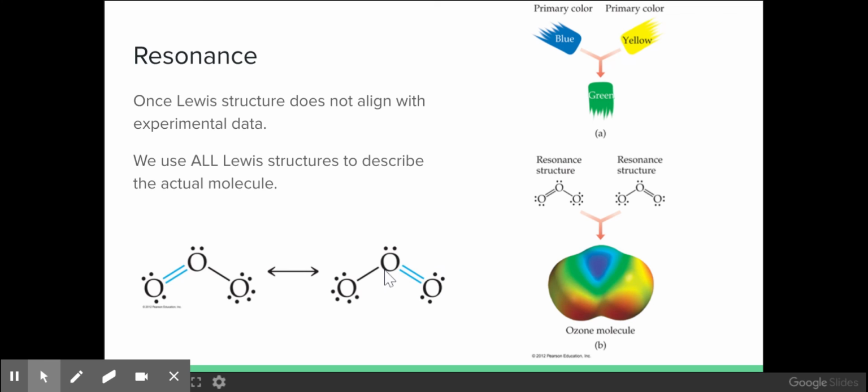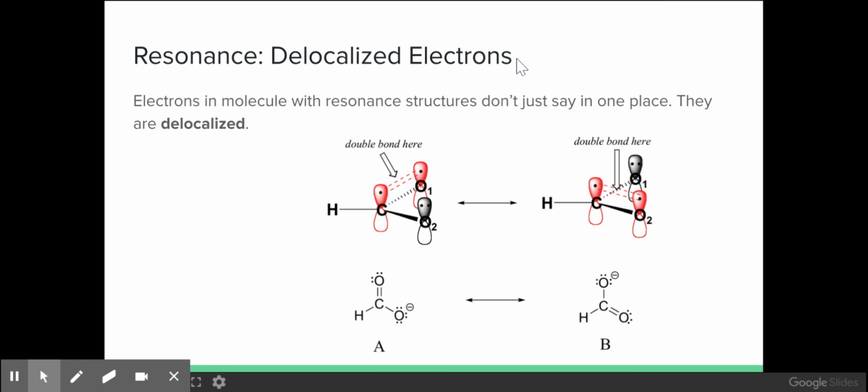A 1.5 bond would have a bond length that's kind of halfway in between a single and a double bond. It would also have a strength that is halfway in between a single and a double bond. So it'd be stronger than a single bond, but not quite as strong as a double bond on both sides. So really, neither of them is more true than the other. It's more of a blend of both.